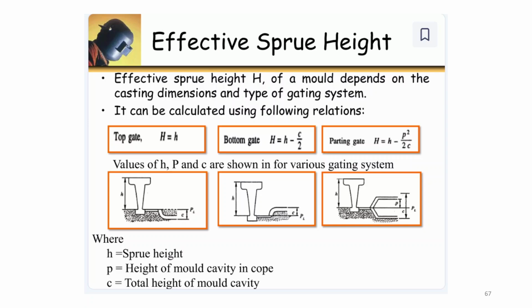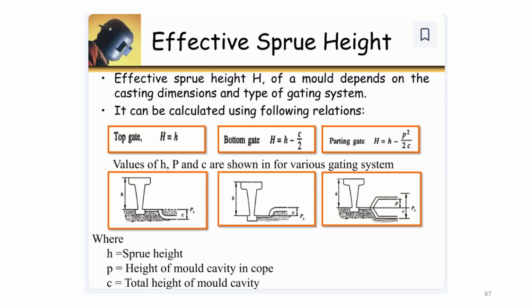For a top gate, capital H will be equal to small h. Small h is the size of this entire sprue up to here. Here small h is sprue height, small p is the height of the mold cavity in cope, and C is the total height of the mold cavity, considering the drag as well.